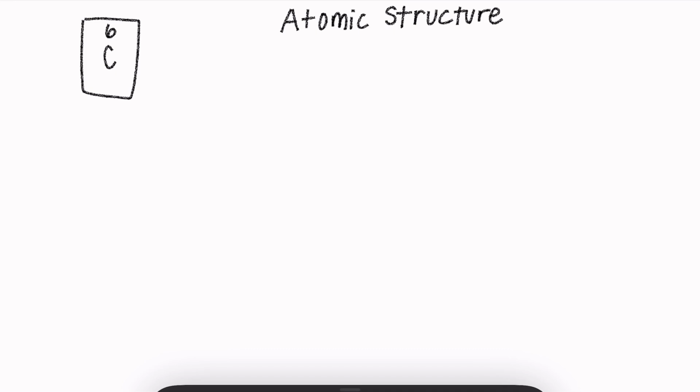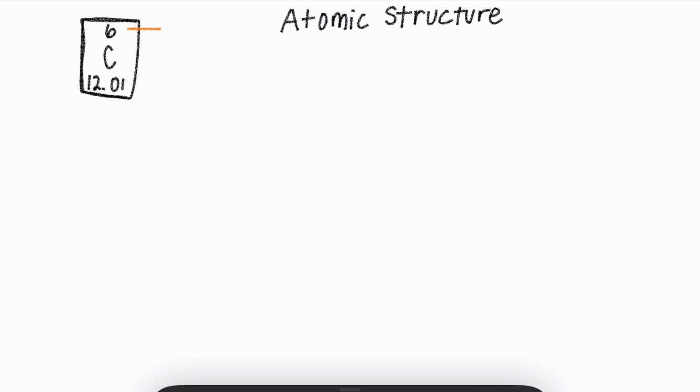So that's why we call things carbon chemistry, for example, or organic chemistry, because they all use carbon, because carbon likes to form four bonds. And so it's like the most versatile Lego you could have. So I'm going to show you the structure of carbon. On the periodic table, this is what its box would look like.